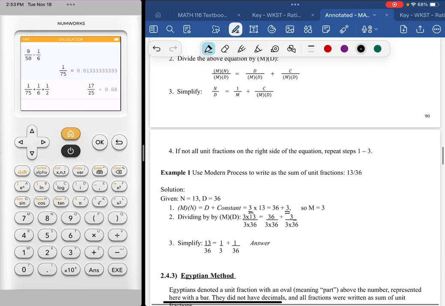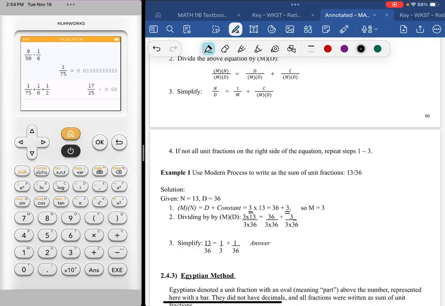So that got multiplied by both sides, with the numerator, the n value, becoming 3 times 13 equals 36 plus 3. And then we divided out the 3 times 36 in order to create that unit fraction and simplify.